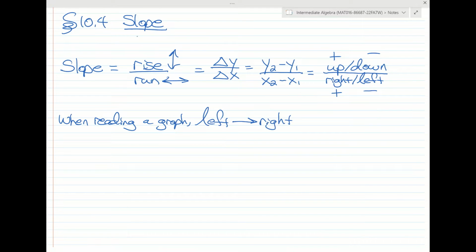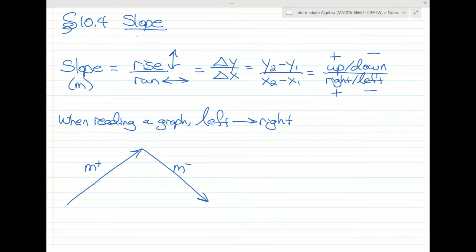So if you have a line that's going up from left to right, the slope is positive. We use M to represent slope. If the line's going down from left to right, it's a negative slope.